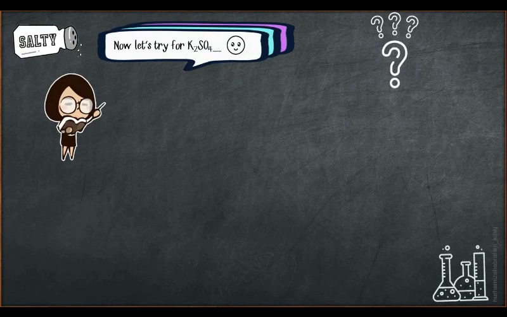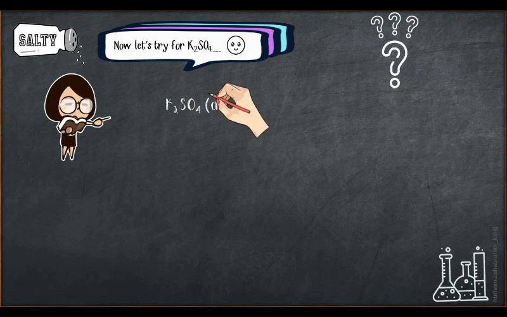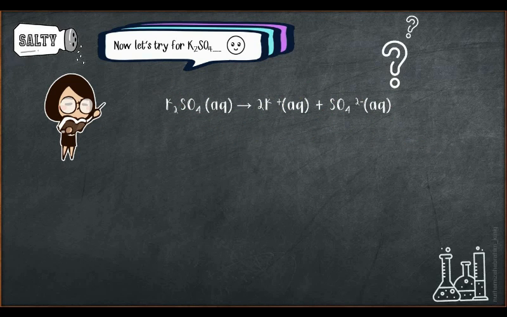Now you try for the salt potassium sulfate, K2SO4. Firstly, you need to write the dissociation equation for potassium sulfate. Potassium sulfate when dissociated in water will produce potassium ion, K+, and sulfate ion, SO4 2-.